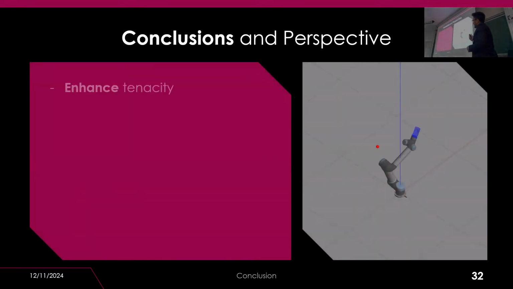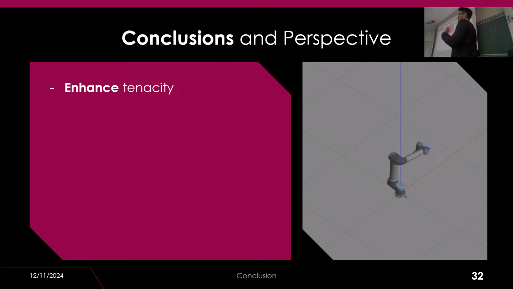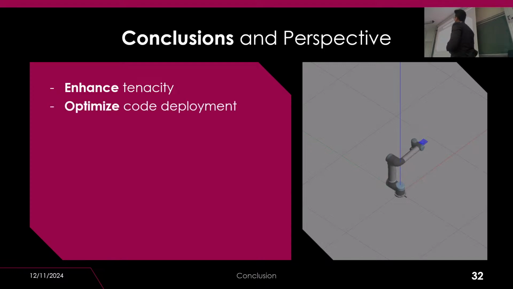So as to continue with the research, I propose to enhance the tenacity of the method, mathematically speaking, by including new and different terms, or by improving the current capabilities. For instance, improving the kernel optimization, as well as the choice of parameters.